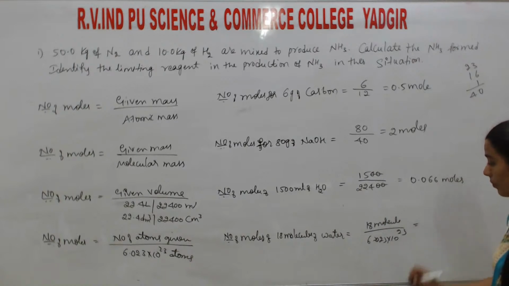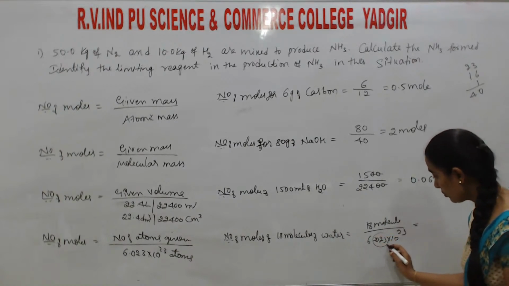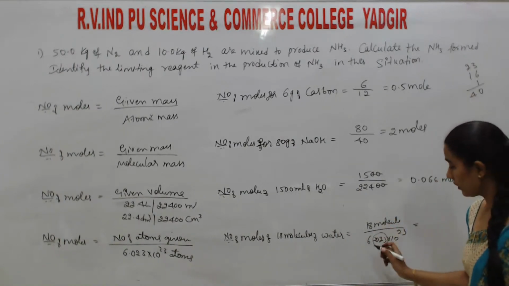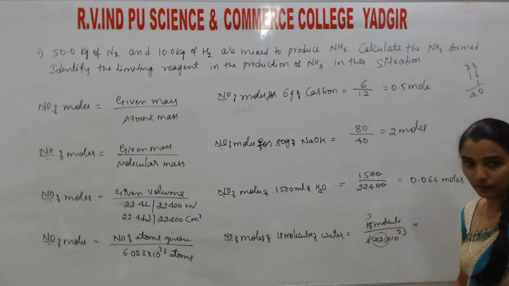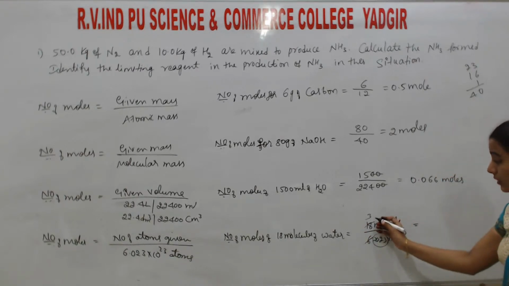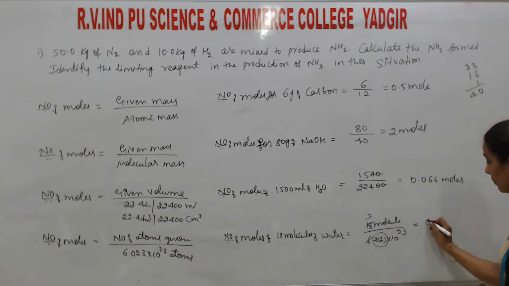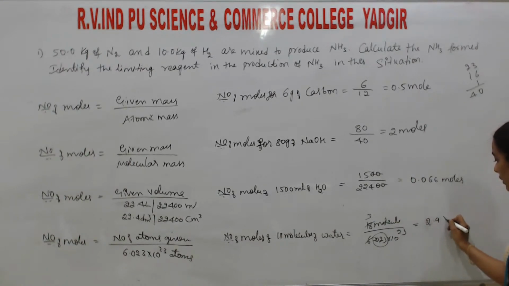Correct? So students, this 023 just neglect, 18 divided by 6 is 3. That is approximately 2.9 into 10 power minus 23 moles. Not molecules, this is mole.